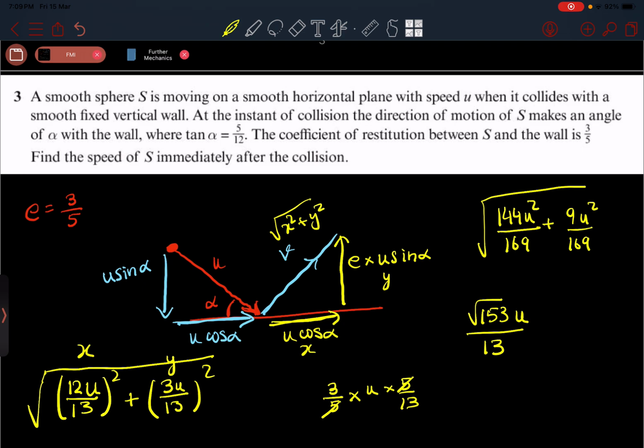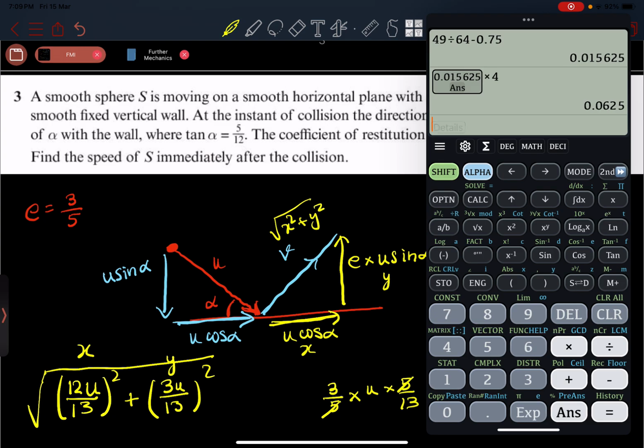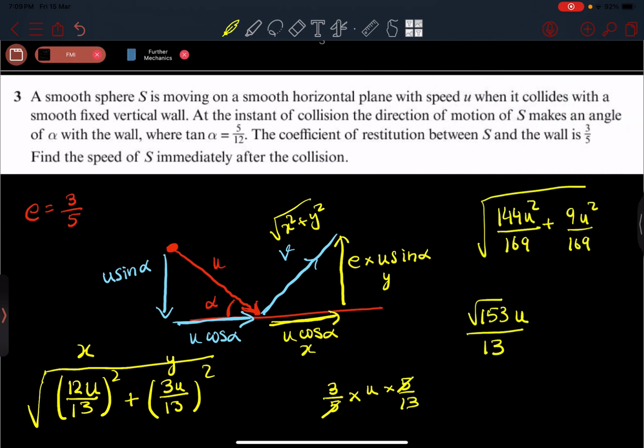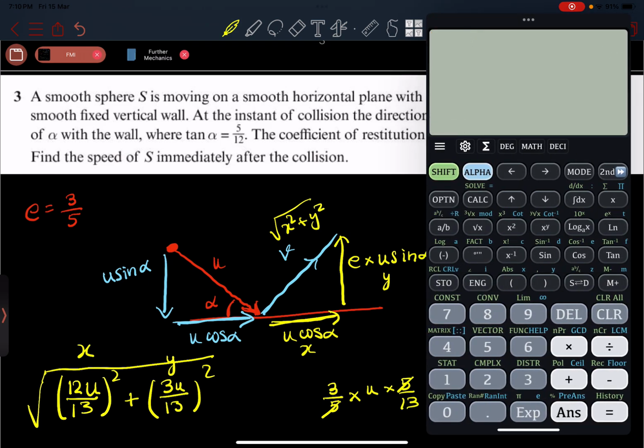153, yeah, we can divide it by 3, that's 51. Can we divide 51 further?